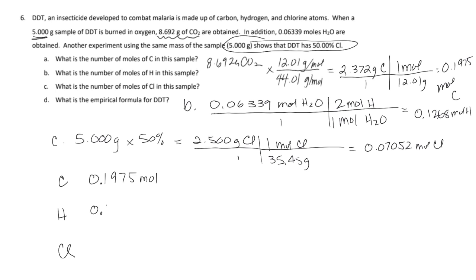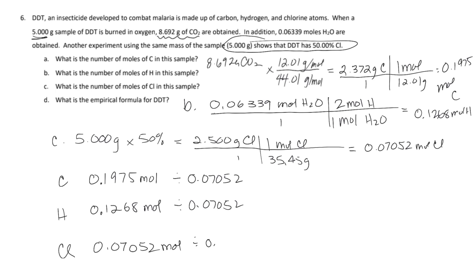Hydrogen, I have 0.1268 moles. And chlorine, I have 0.07052 moles. So I need to divide by the smallest, which is 0.07052. So I divide all of these by that value.